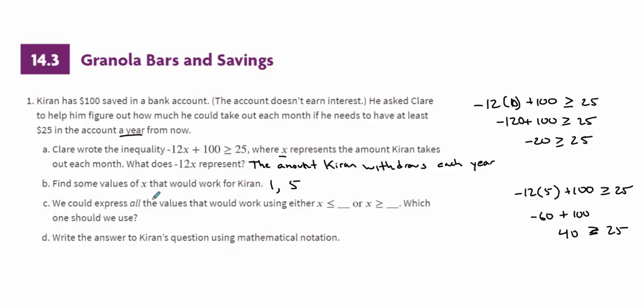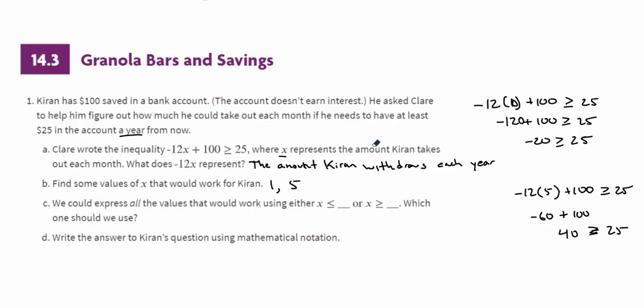We could express all the values that would work using either x is less than or equal to, or x is greater than or equal to some amount. Which one should we use? This x is not 25.